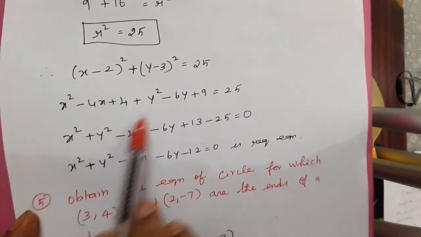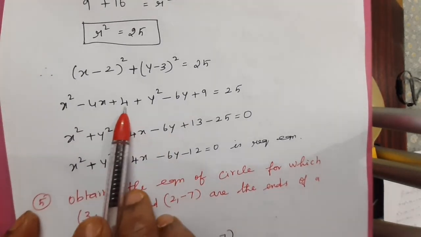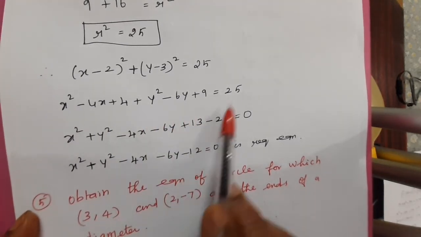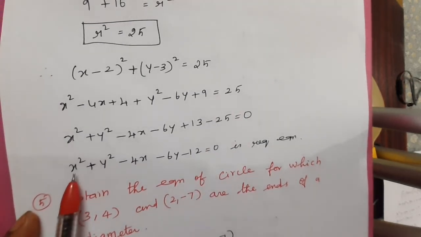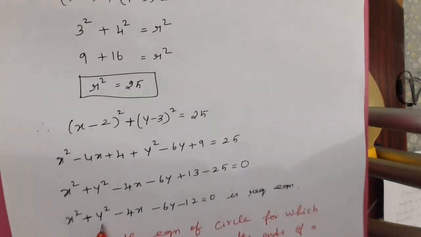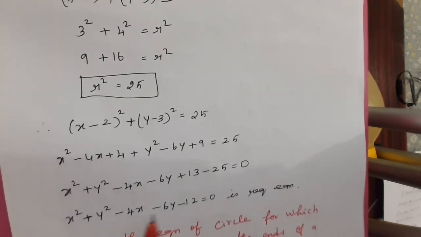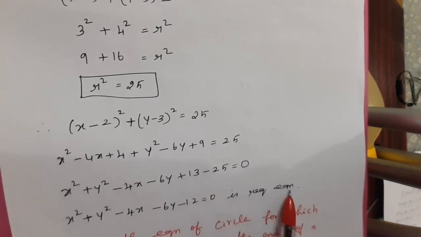Again, x square plus y square minus 4x minus 6y, 4 plus 9 is 13, and 25 becomes minus 25, equal to 0. So we get the required equation: x square plus y square minus 4x minus 6y plus 13 minus 25, which is minus 12, equal to 0.